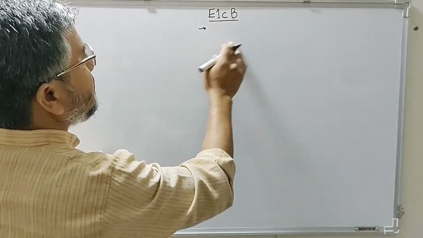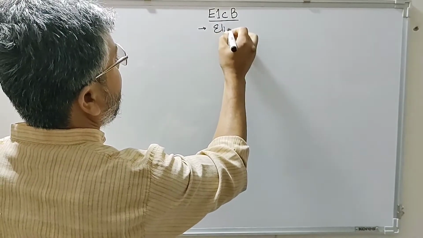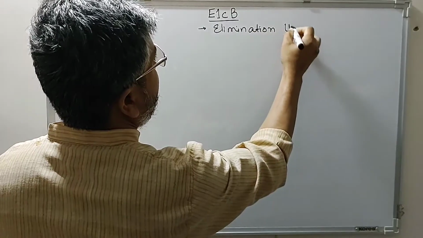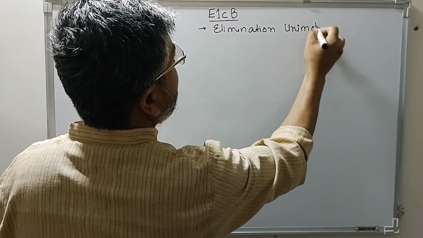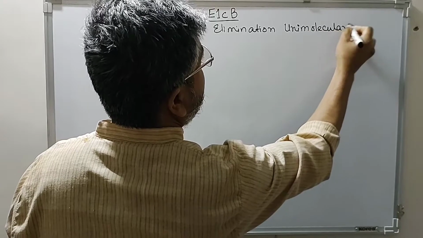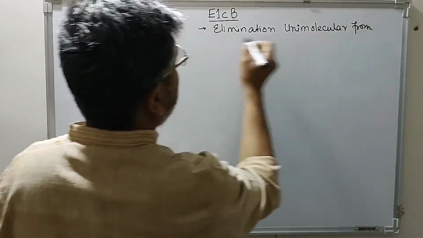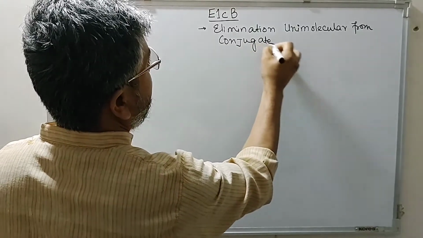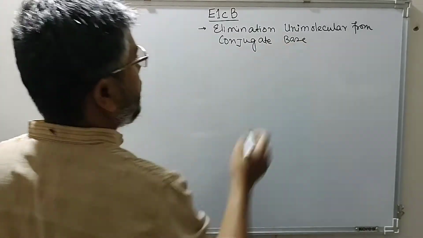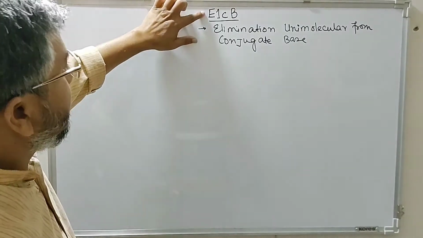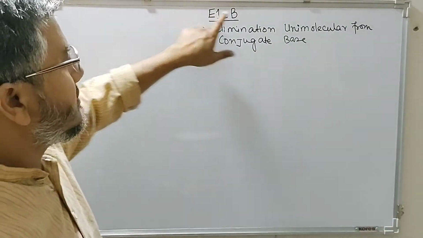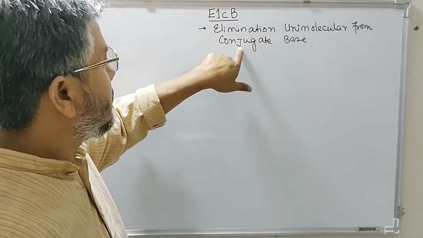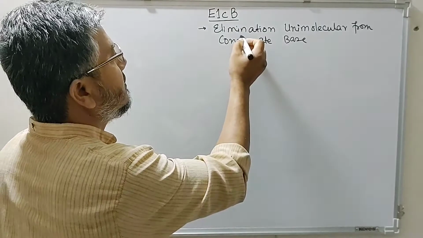So this stands for elimination unimolecular from conjugate base. So E stands for elimination, 1 stands for unimolecular reaction, C stands for conjugate, B for base.